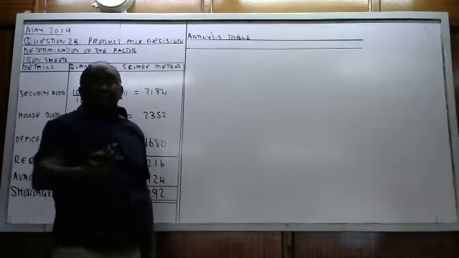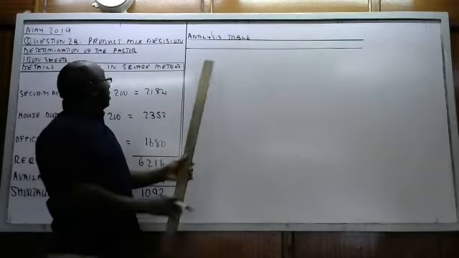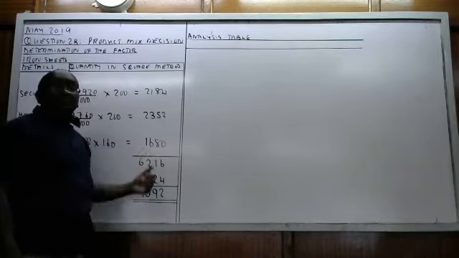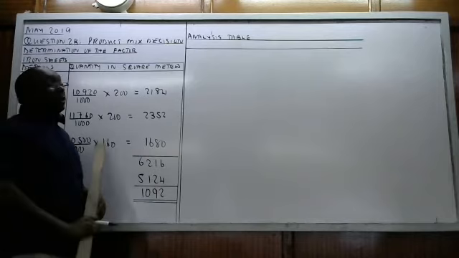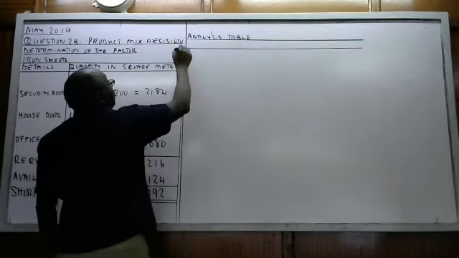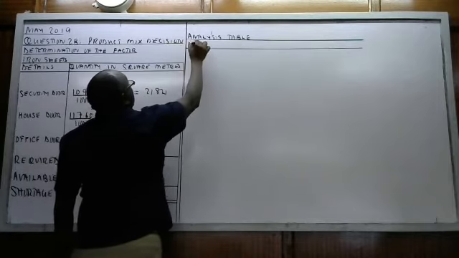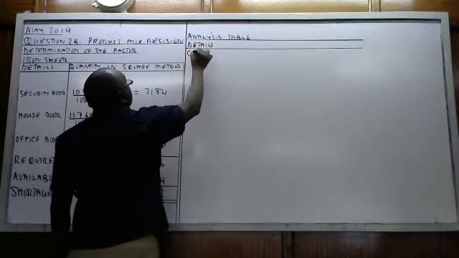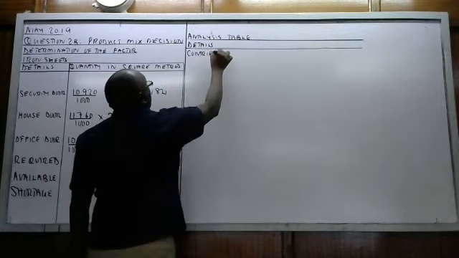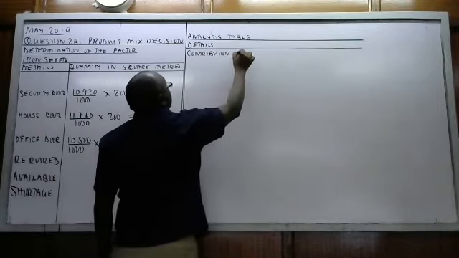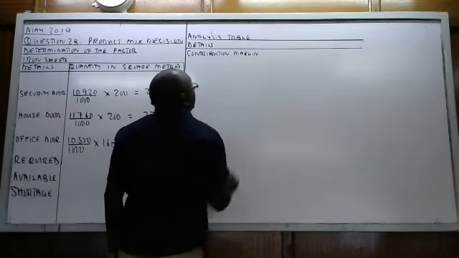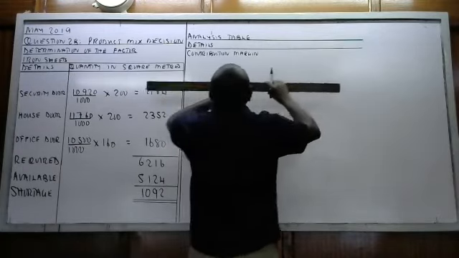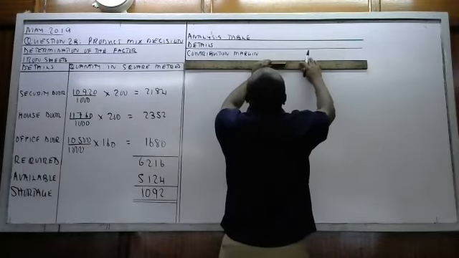For this question, it may start from here or what is required, but as I've told you, sometimes this one may be required. So this has 4 steps, or 4 things. One is contribution margin. That is the first thing.